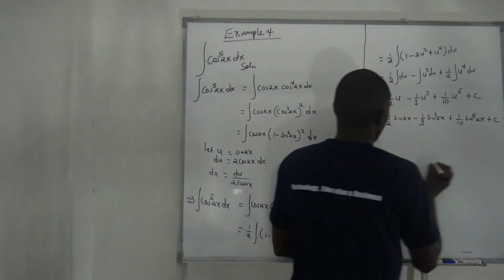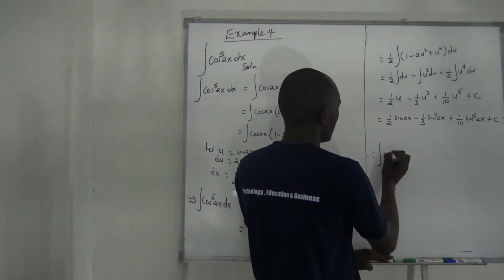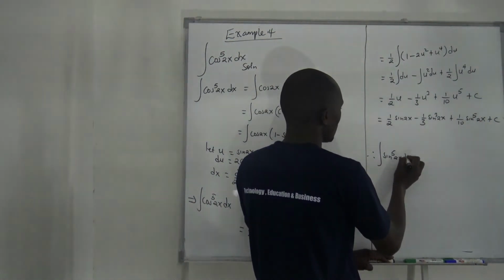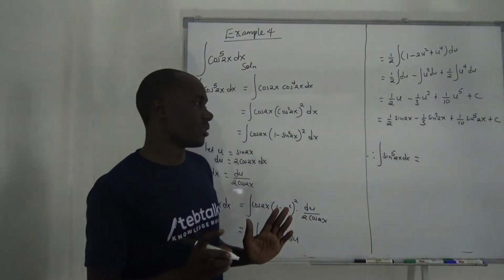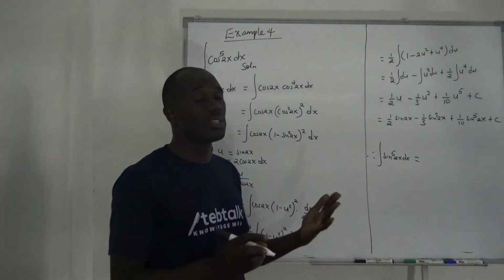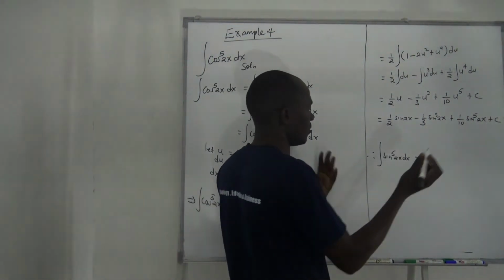Therefore, when I integrate cos power 5 of 2x dx, I get, if you want to factorize, there is no problem with that. You can even find the LCM, but not at this time, just leave it like that.